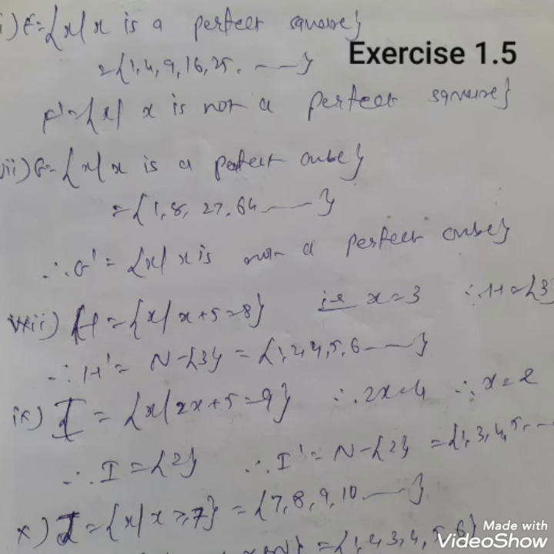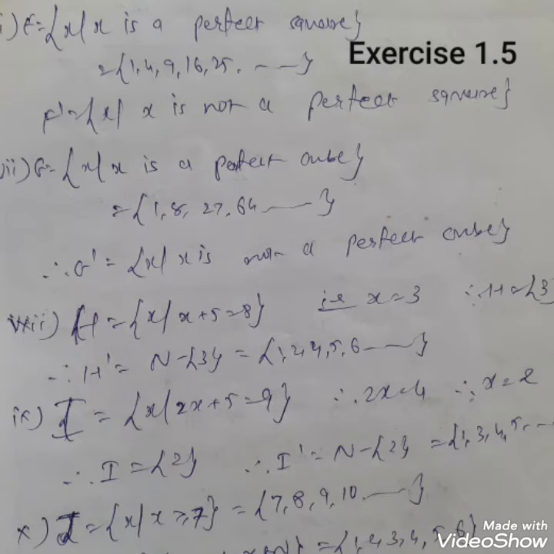In the same example, the universal set is the set of natural numbers. Then we have to write the complements of the following. Here F equals the set x such that x is a perfect square. We know that 1 square is 1, 2 square is 4, 3 square is 9, 4 square is 16, 5 square is 25 and so on. So here we say that F contains the elements 1, 4, 9, 16, 25, 36 and so on.